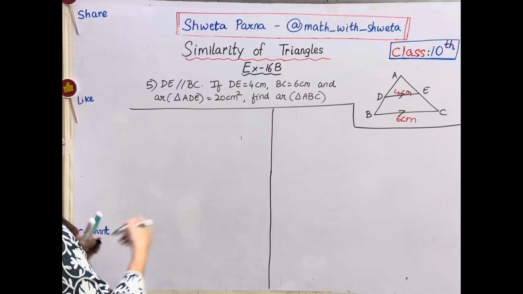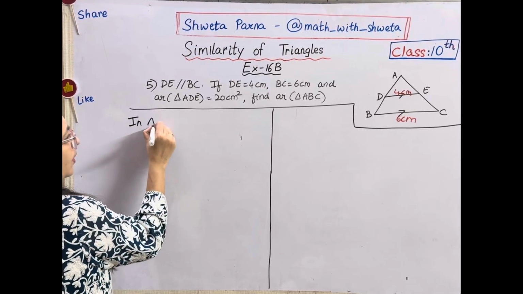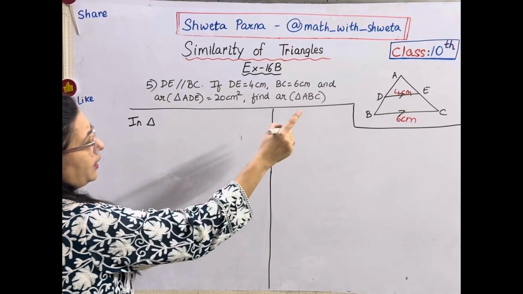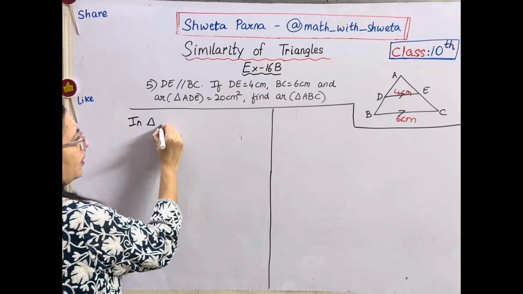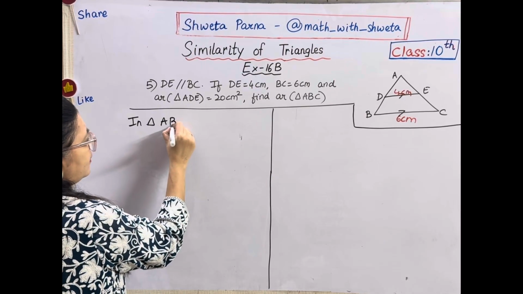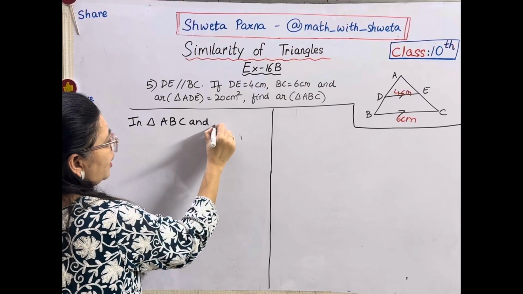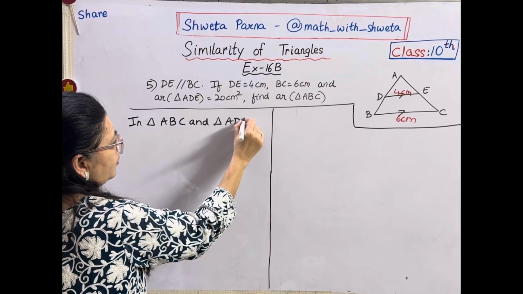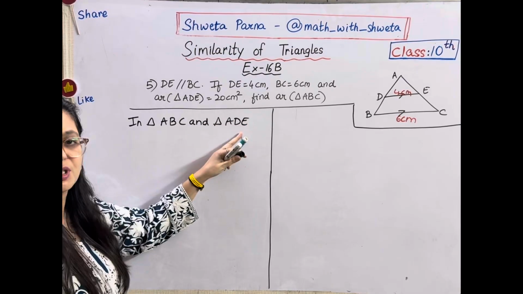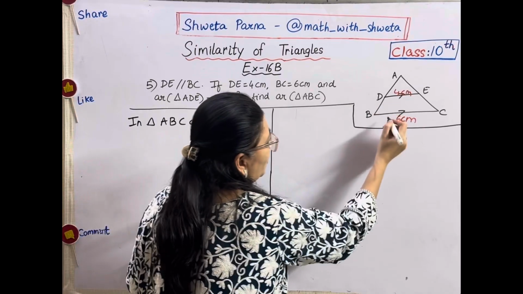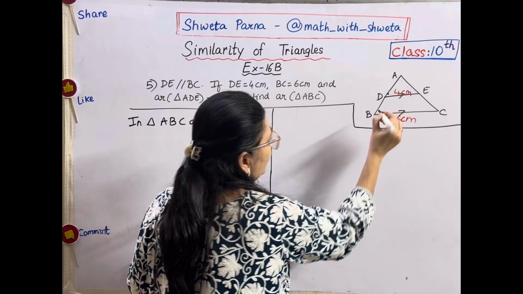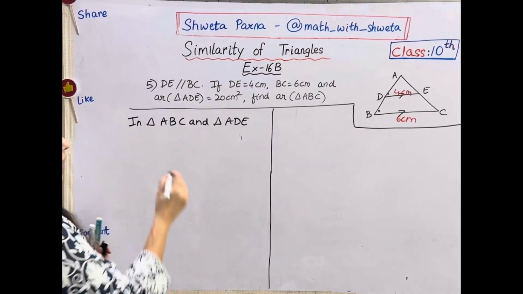Okay, the first part is in triangle, which triangle will you take? DE measurement is given, BC measurement is given. So you will take in triangle ABC and triangle ADE, because DE and BC measurements are given to you. Now both are parallel, that means this angle is equal to this angle, corresponding angles.